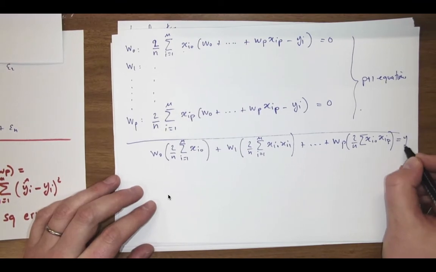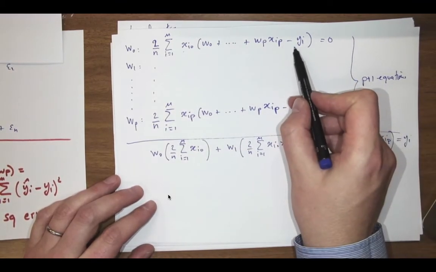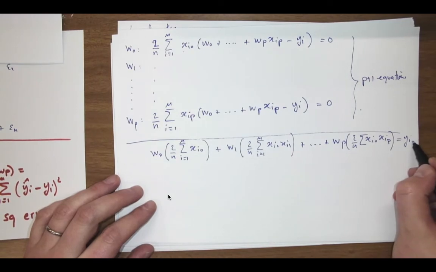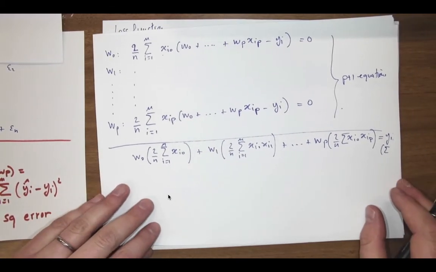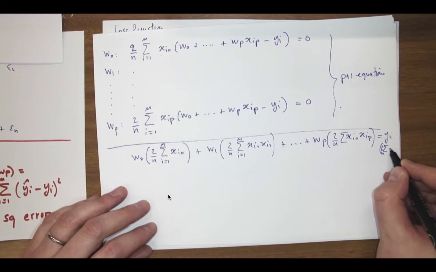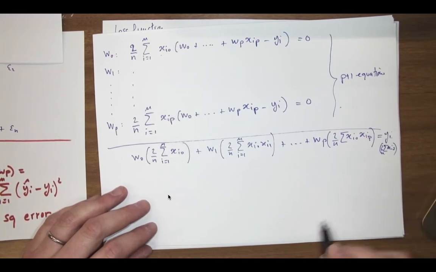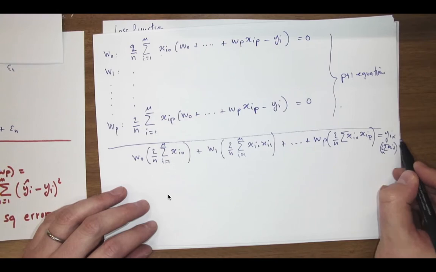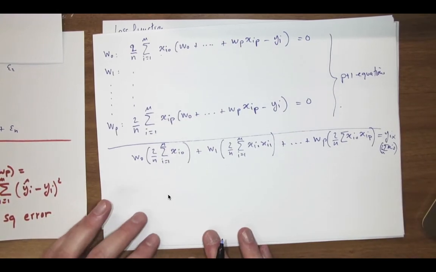And then I just put on the other side yi times 2 over n of xi0. All right, so this goes here.